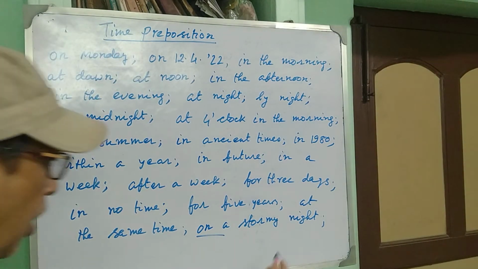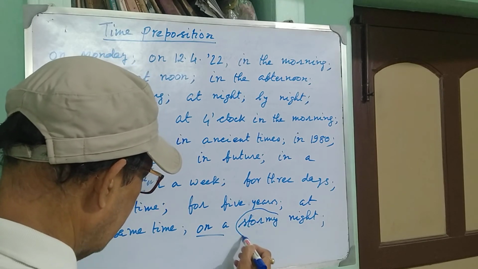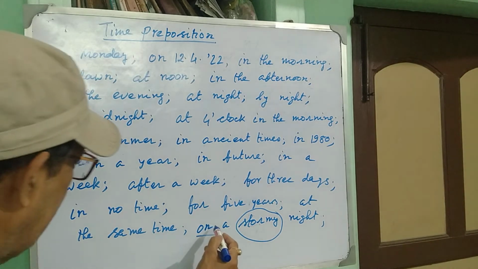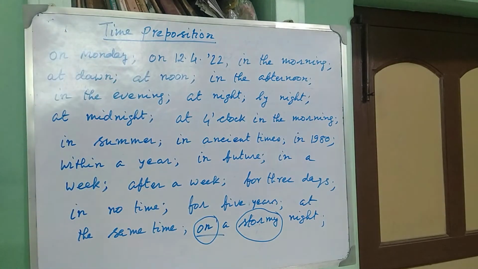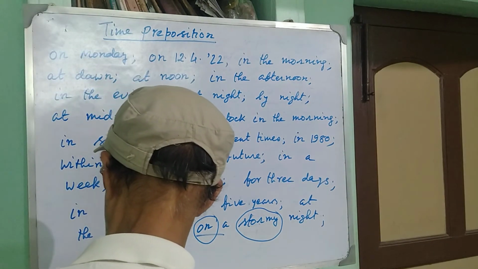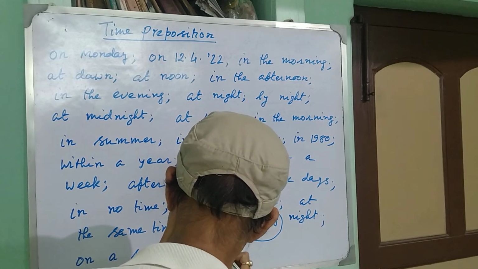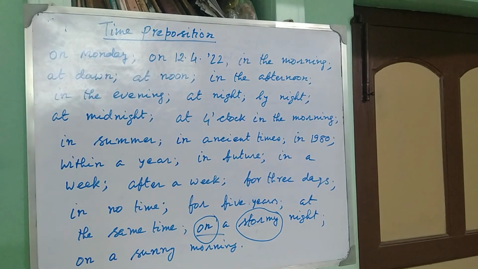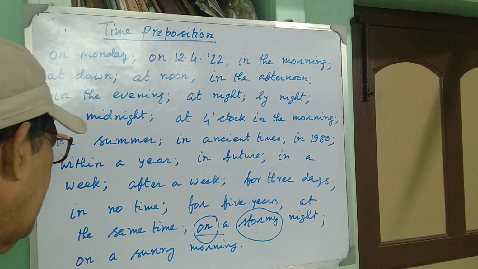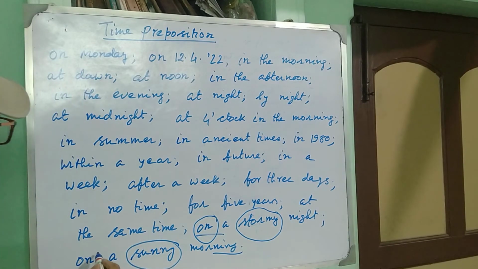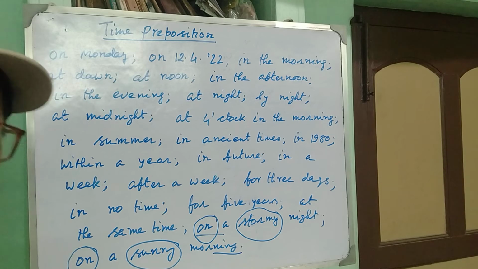When a noun is followed or preceded by an adjective, there must be on. On a stormy night. On a sunny morning. You see that morning is a noun, sunny is an adjective, so it has taken the preposition on.